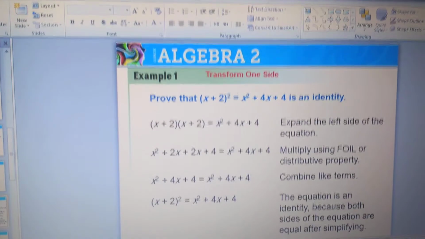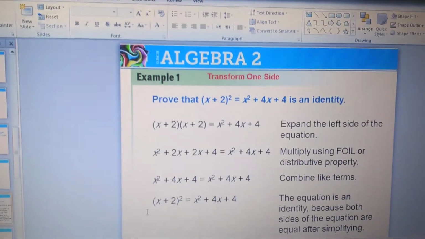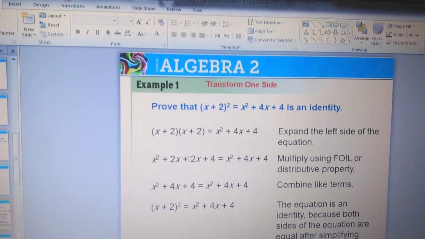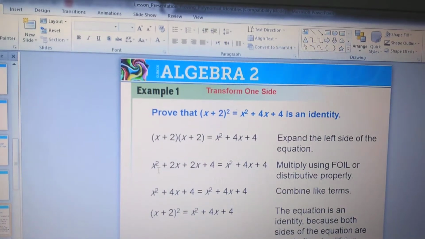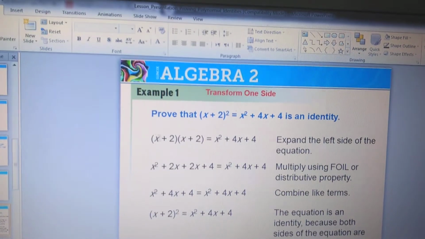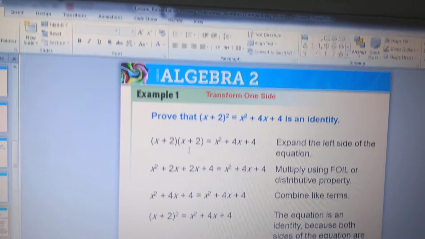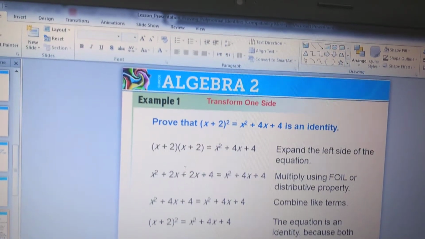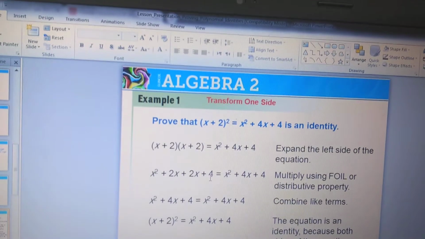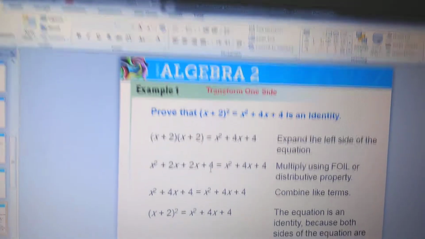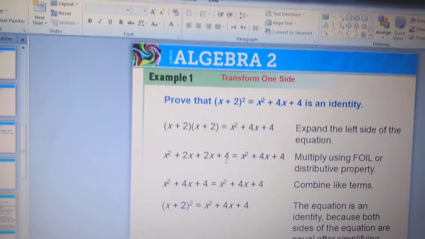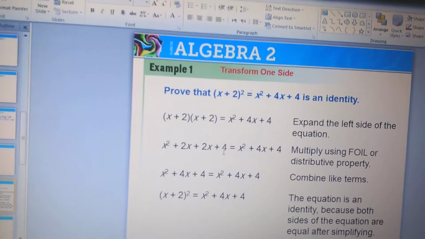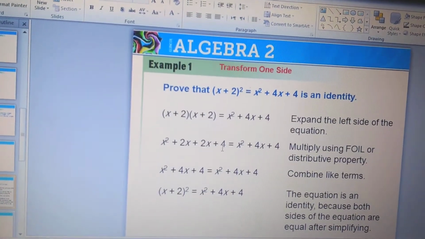Here you see x squared, x times x; x times 2, 2x; then 2 times x, 2x; then 2 times 2 equals 4. I simplify 2x plus 2x, 4x. I will have x squared plus 4x plus 4.